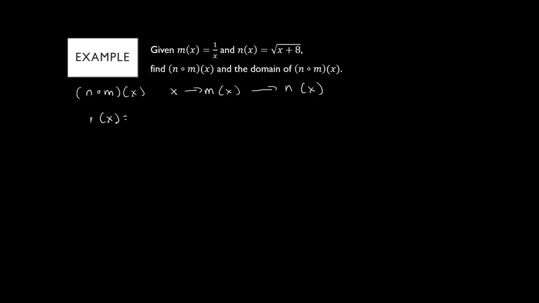So our outside function is N, which is the square root of x plus 8. Let's see, we're going to try to color code this. So I'm going to replace x with m of x, because that's what's going inside of n. So n of m of x is going to be the square root of m of x plus 8.